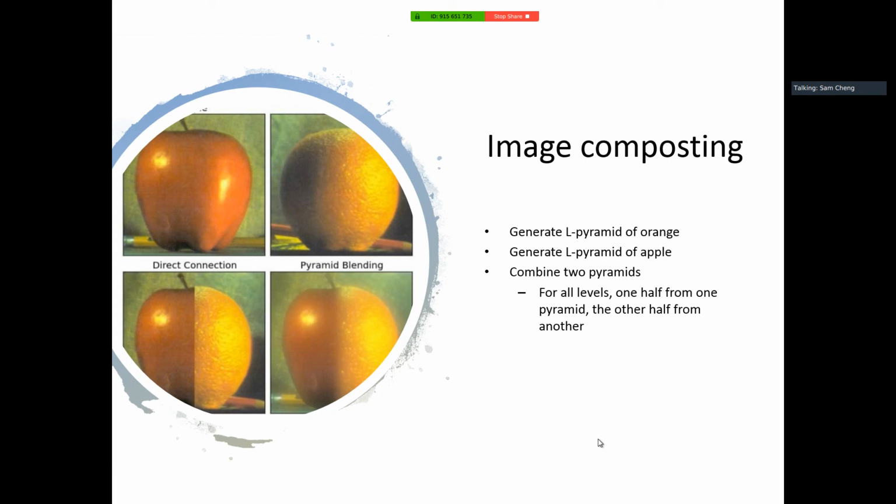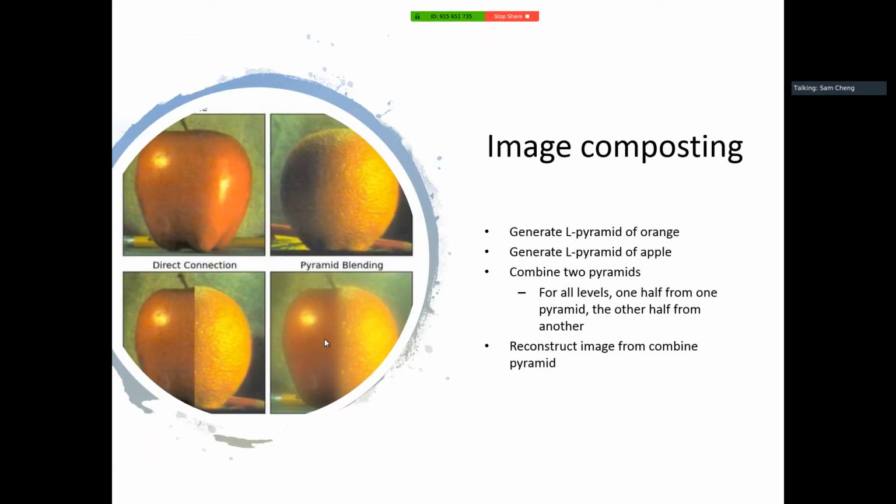Then you just combine each level of the pyramid. Like one half take apple, another half take orange, and then you just recover that back. So then you have a pretty nice blending there. So okay, that's all I have basically.